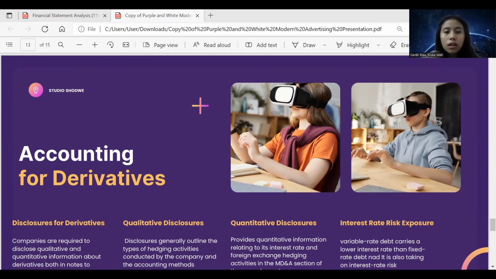The first is disclosure for derivatives. Companies are required to disclose qualitative and quantitative information about derivatives, both in notes to financial statements and elsewhere, usually in the management discussion and analysis section.